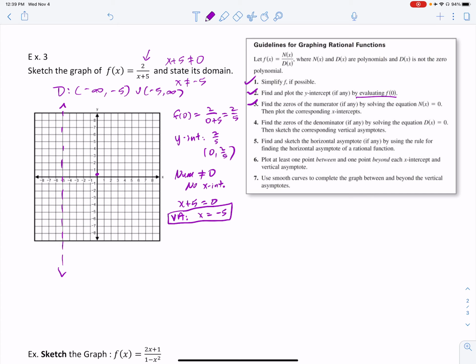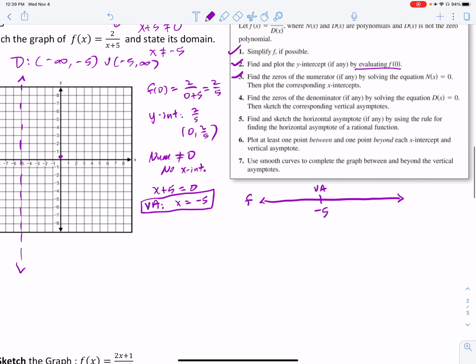And so what I would do for that is create a number line for the graph of f. And at -5, I'm going to call that a vertical asymptote. And since there are no other zeros, and that's my only vertical asymptote, that divides this function into two intervals, from -infinity to -5, and from -5 to +infinity.